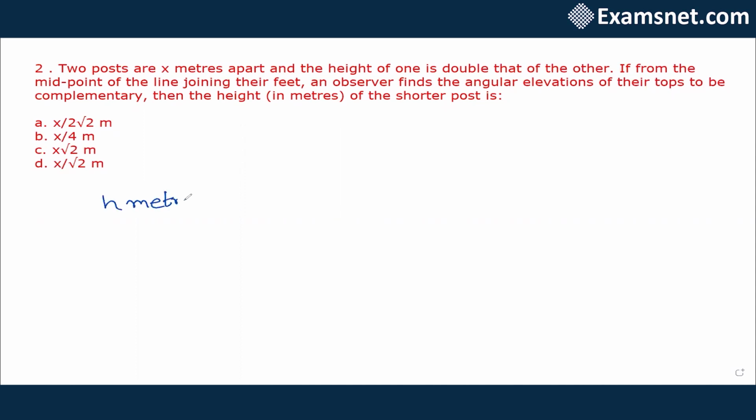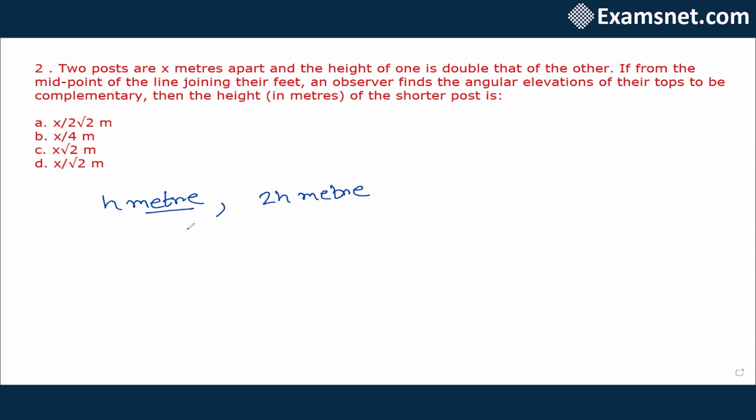Okay, since the larger post is double the height of the shorter one, we can say the height of the other post is 2h meter, correct? Now look here, the angular elevations of their tops are complementary. What does it mean, complementary angles?